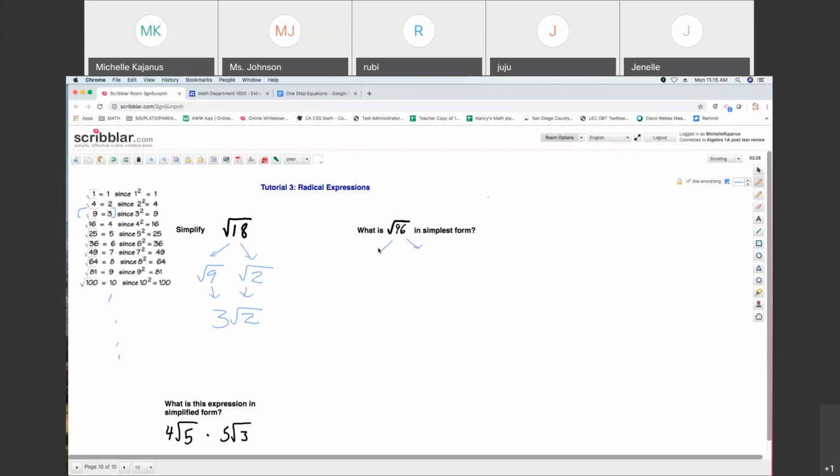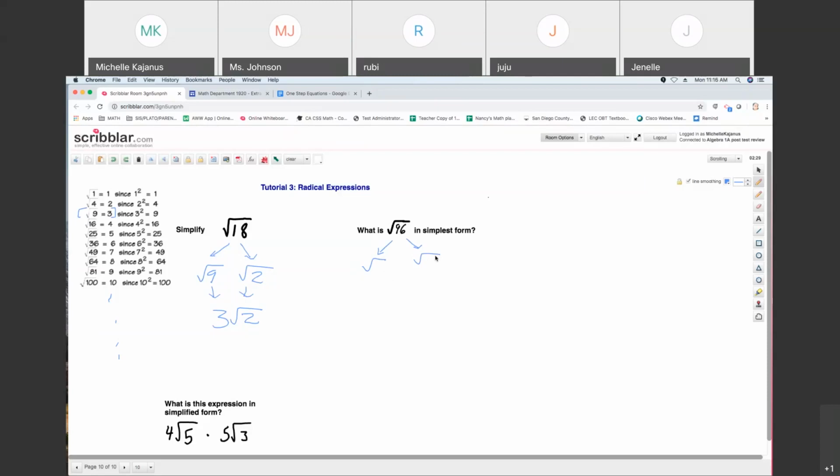So let's try to do the same process. What multiplies to 96 and has a square root? I could look at a list, but it would probably take a long time because this is such a huge number, so I'm going to do it a different way.